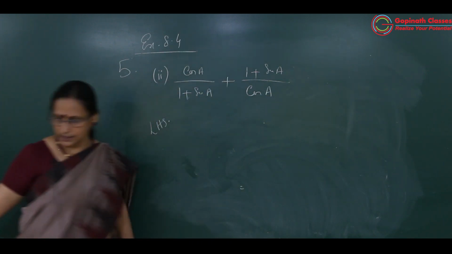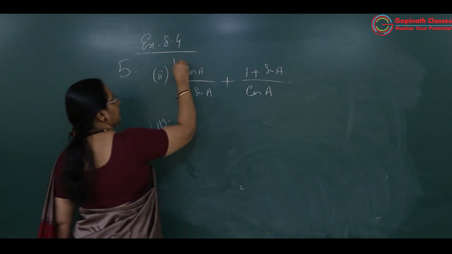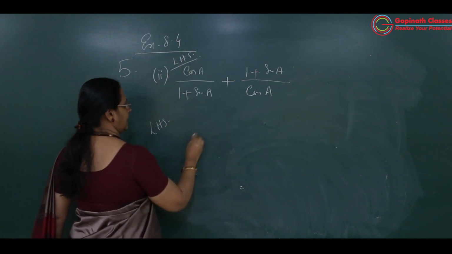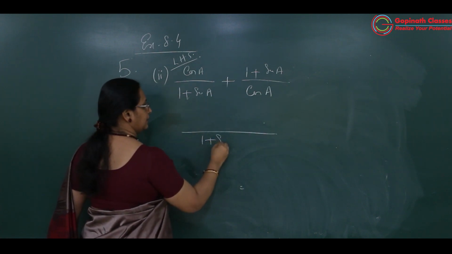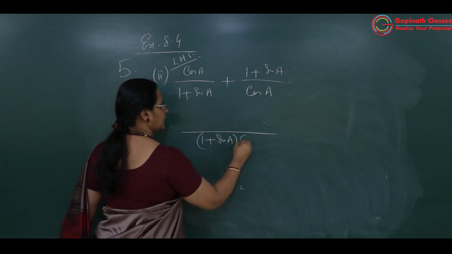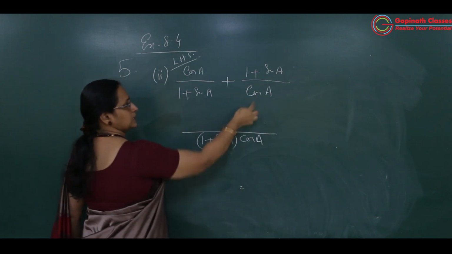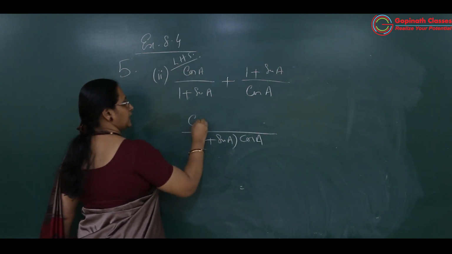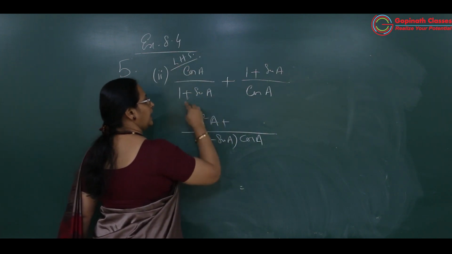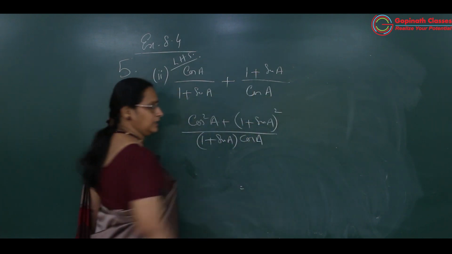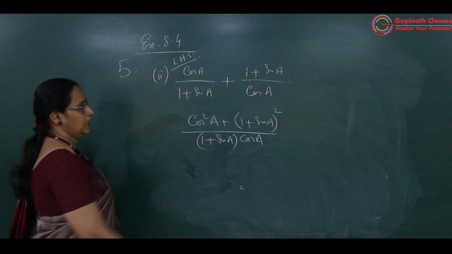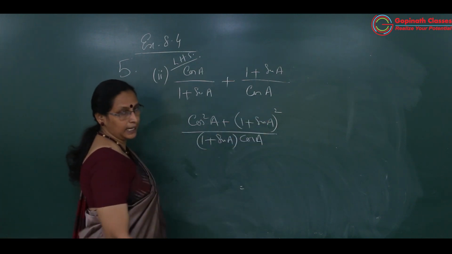I have started with LHS. Let's see, I am just going for its LCM. 1 plus sin A into cos A. Obviously, what will come in the numerator is cos square A. 1 plus sin A into 1 plus sin A will come 1 plus sin A the whole square. It is very clearly an identity, A plus B the whole square.